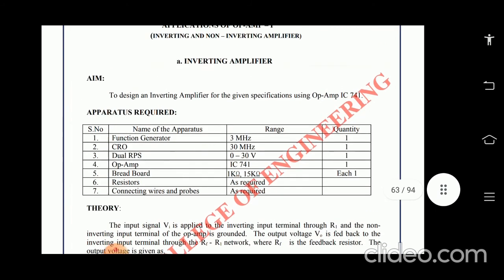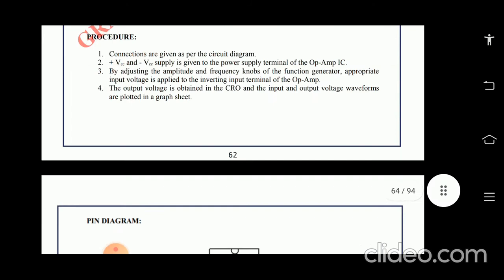So first you need to construct the circuit as per your circuit diagram.